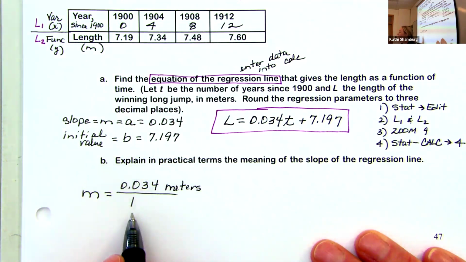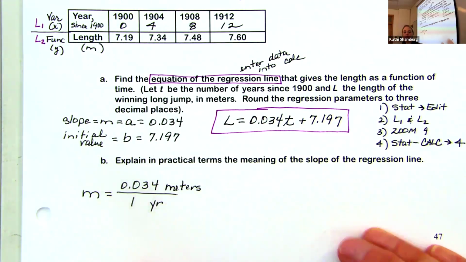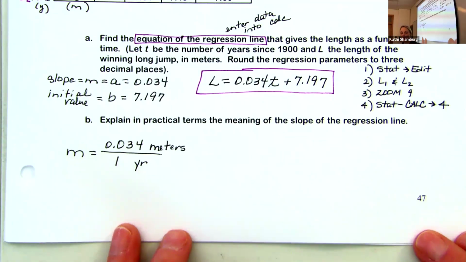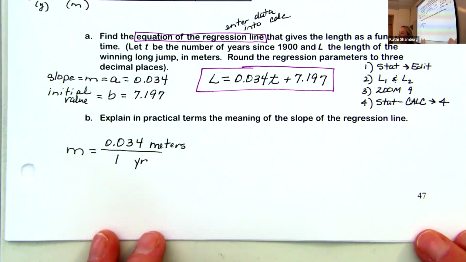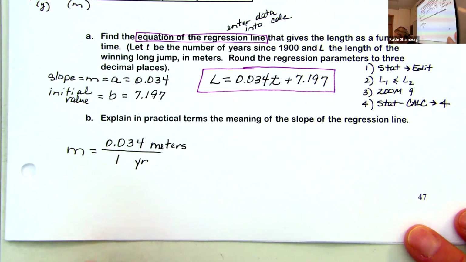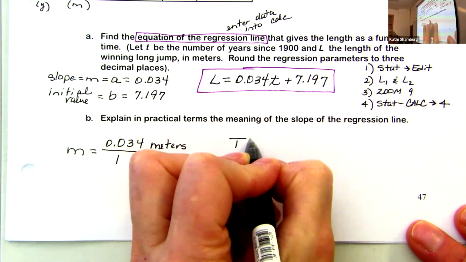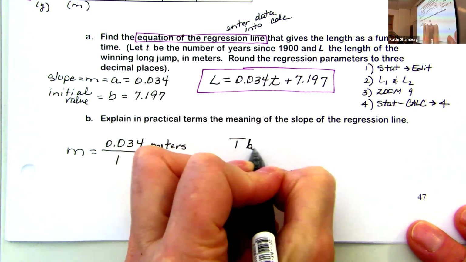And this is 1 what? Okay. Now I'm going to have to give more information in my explanation. Okay, so I've got to talk about the function. Okay, so what is this the length of?